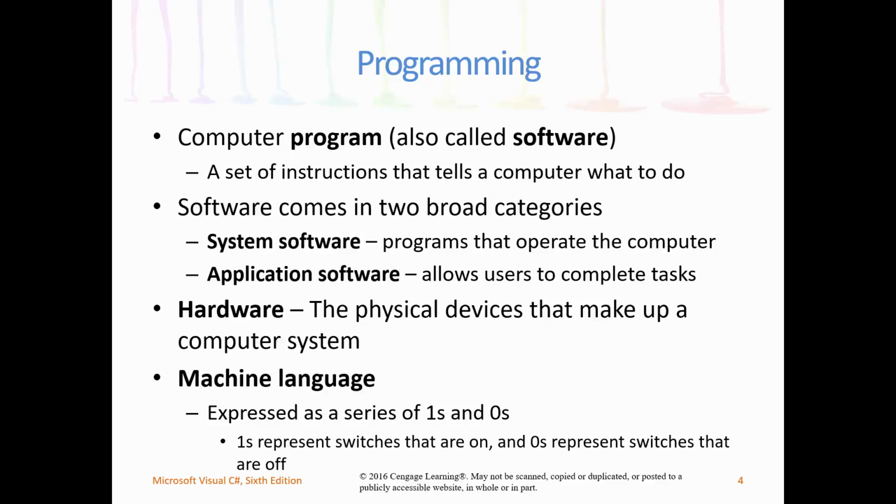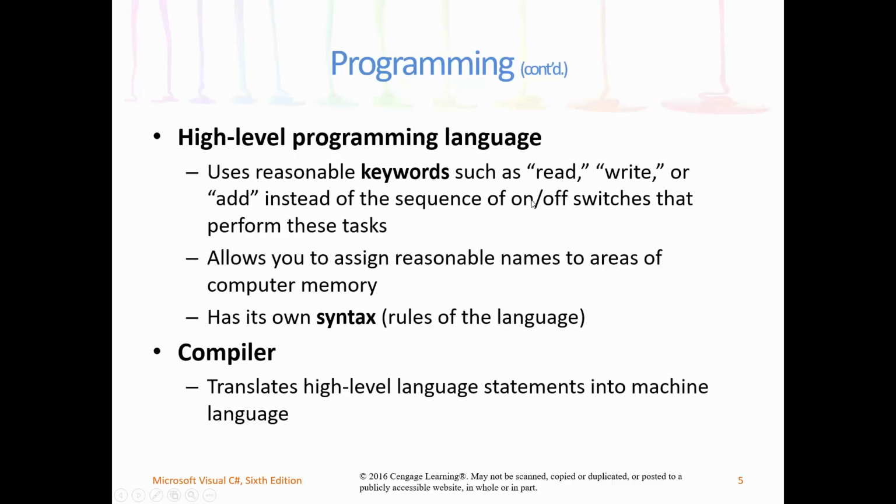When you write software, eventually, the only thing the computer can understand is machine language, as is mentioned on the bottom of the slide here. Machine language is a series of ones and zeros. It used to be back in the day, back in the 50s, 60s, whenever it was, that was what most people wrote computer programs in, zeros and ones.